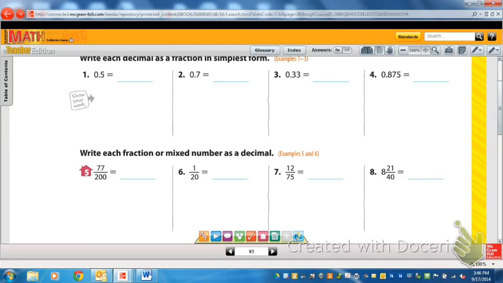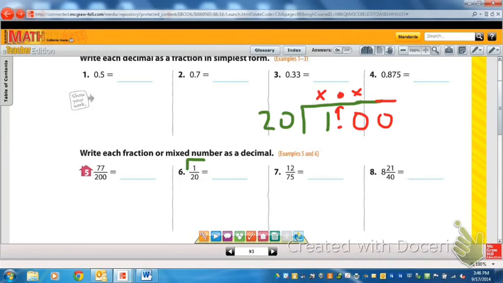For number 6, we have 1/20. And we have to change that to a decimal. So remember we call the numerator Jack. So that's going to be 1 divided by 20. 20 cannot go into 1, so we're going to add a decimal point and a 0, and then place your decimal point on top. 20 cannot go into 10, so I'm going to add another 0, and 20 can go into 100 5 times.